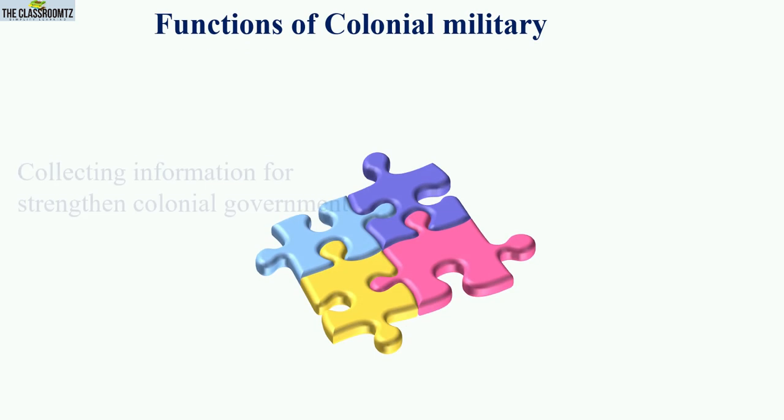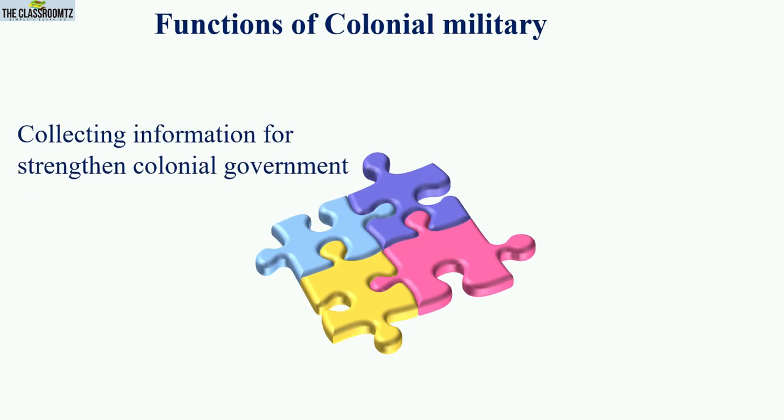Another function: collecting information for strengthening the colonial government. Sometimes they were secret informers of the colonial government. They collected different information in a secret way to protect the interest of the colonial government. And the last one, suppressing African resistance. Somehow it is surprising: your fellow Africans are resisting, and you are stopping them.